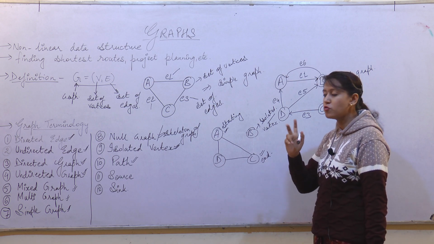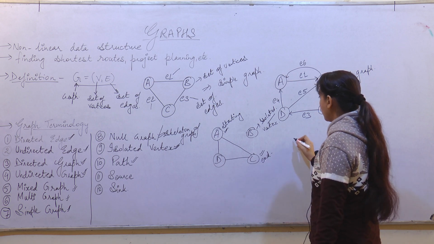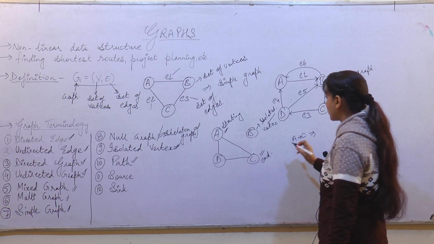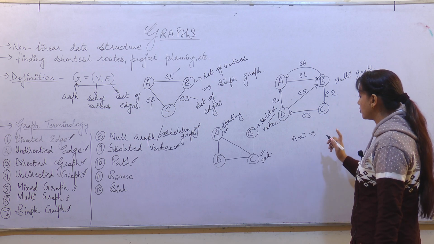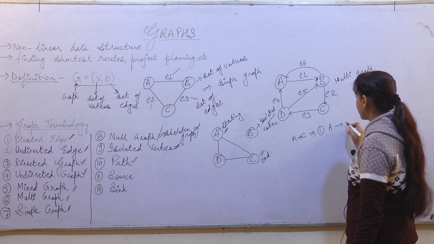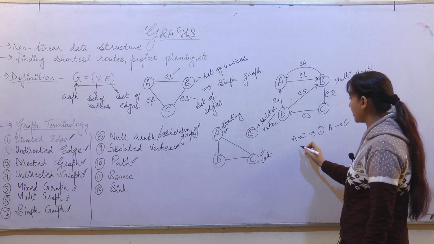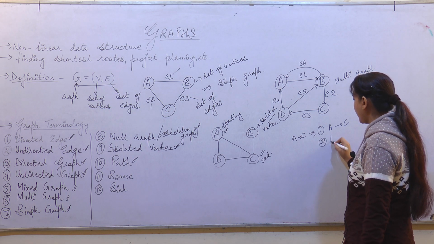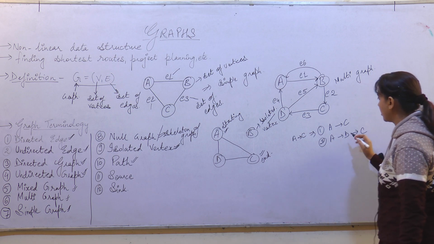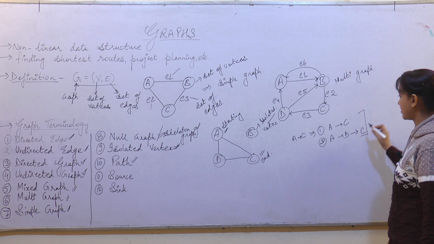So we have two paths from A to C. The first way is directly A to C, and the second way is A to D and then D to C. So these are the paths.